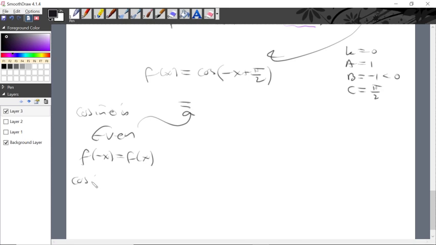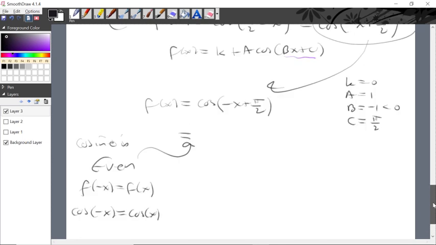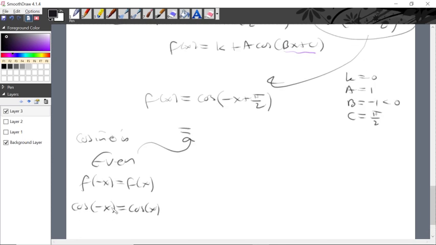So for instance, for cosine, the cosine of -x is equal to the cosine of x. But it just doesn't happen to the x, it happens to the entire argument. If the entire argument is negative, you can switch it to a positive instead. So in order to say that the entire argument is in fact negative, let's factor out the negative. Take out a -1 from this argument, and that leaves us with an x minus pi over 2.